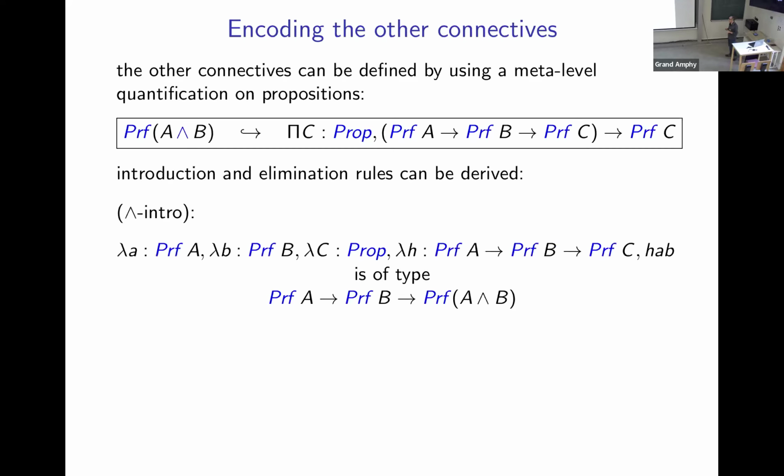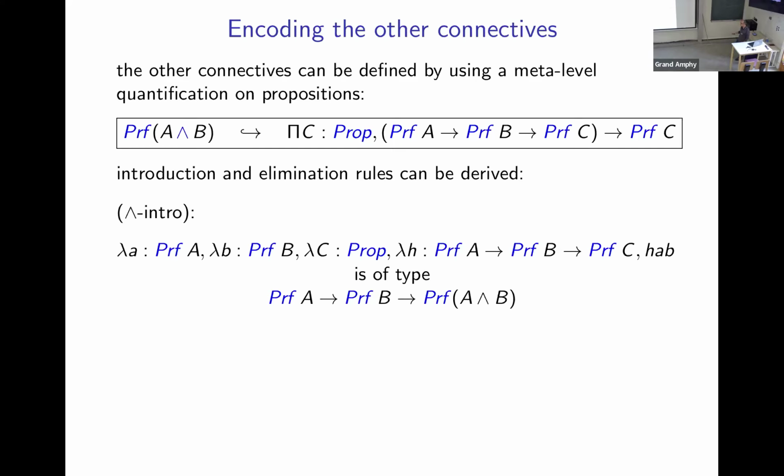So does it work to do this? We can check together, for instance, that we can recover the introduction rule for conjunction. So which is this one? If you have a proof of A and a proof of B, then you get a proof of A and B. Because we have this rewriting rule, a proof of A and B is this thing.